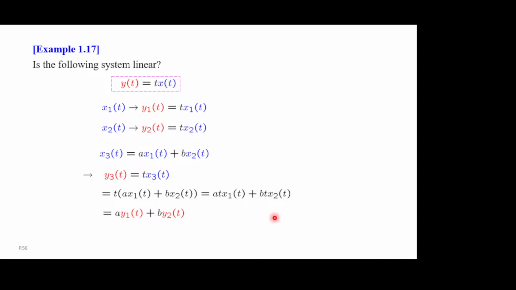So this is a times y1 of t plus b times y2 of t, and this is what is required by linearity. We skip a little bit, but you can easily see that a x1 plus b x2 goes to a y1 plus b y2, so obviously this satisfies additivity.